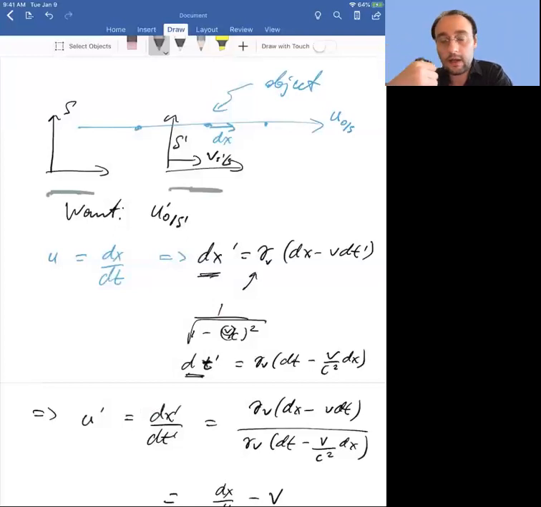Mother Nature doesn't care. Now, having said that, you can also analyze something from the perspective of a coordinate system attached to the object itself. And we've been doing that. So when we talk about time dilation, we talk about Alice brushing her teeth.